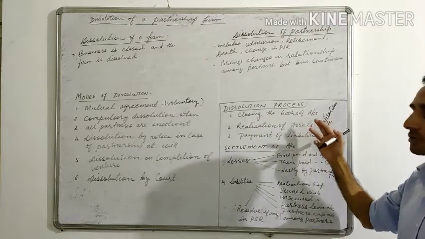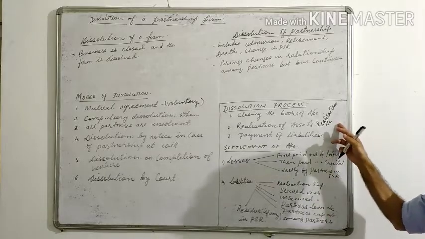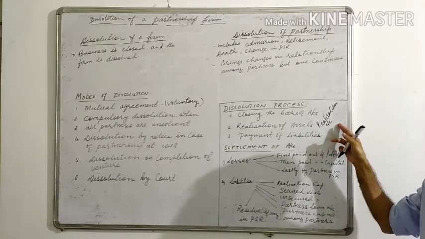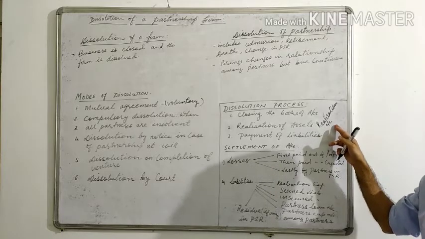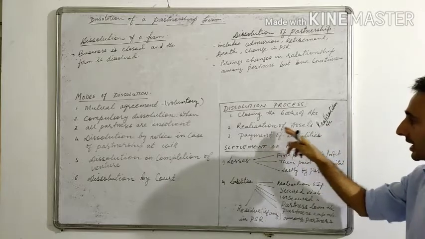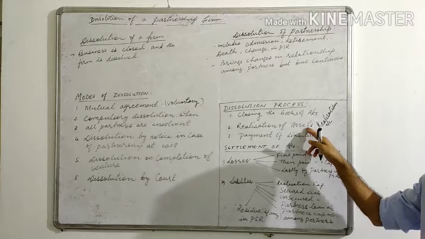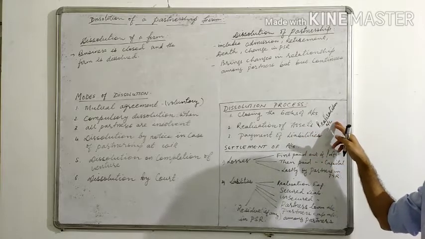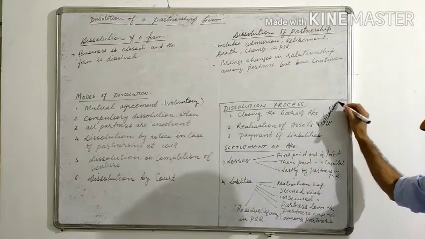Closing the books of accounts means transferring the assets and liabilities to this new account, the realization account. Realization account is also prepared in order to realize the assets. That means assets are sold through realization account, and payment of liabilities is also made through realization account.